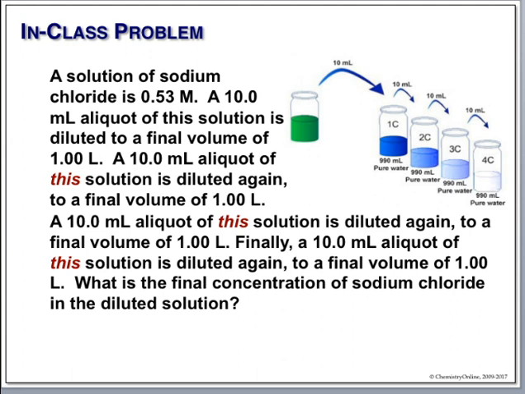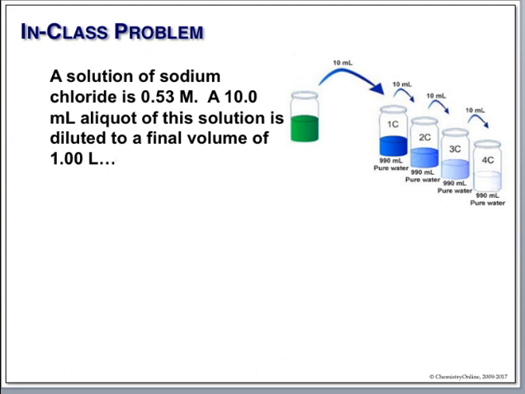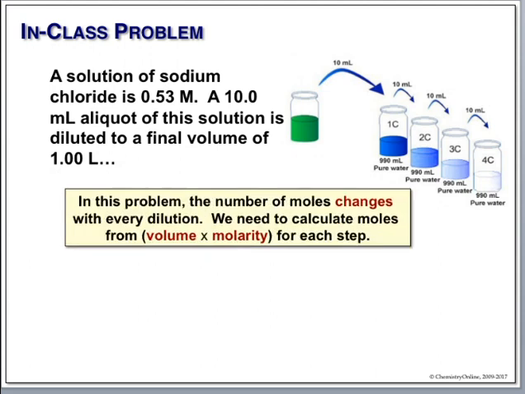Okay, we can do this. For our first step, number of moles, well, okay. The number of moles is going to change because we're taking a certain number of moles here and we're diluting it by a factor of 100, right?